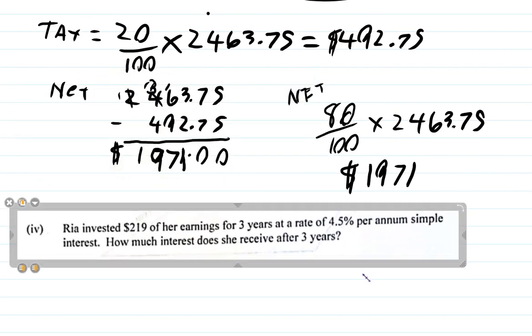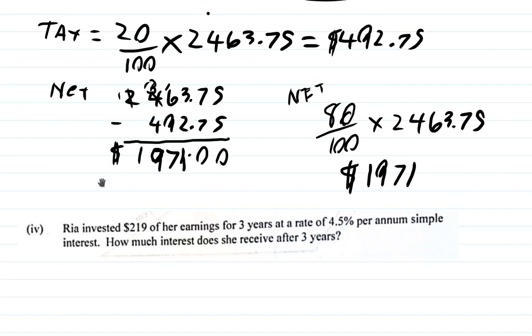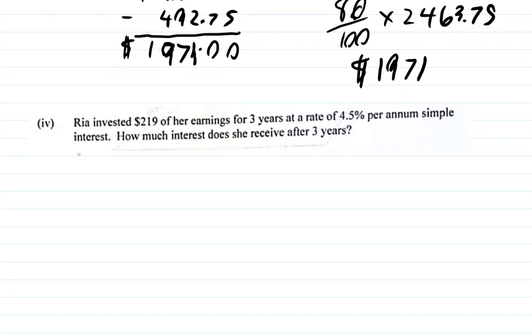Alright, so here now what it said. Reinvested $219 of her earnings for 3 years. Remember, when it comes to simple interest, you can remember the formula. Simple interest is principal times rate times time over 100, alright? PTR over 100.